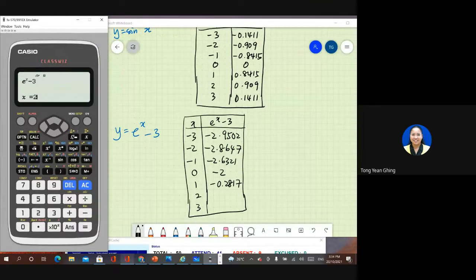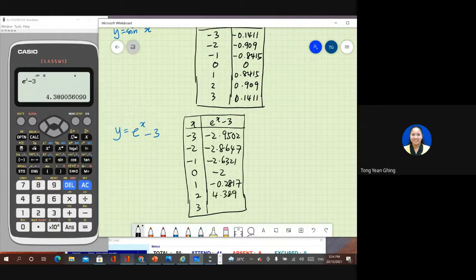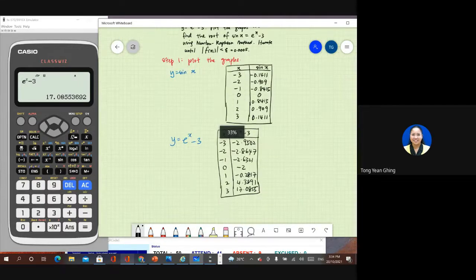Now 2 is 4.389. And 3 is 17.055. Let's say this one is like this.